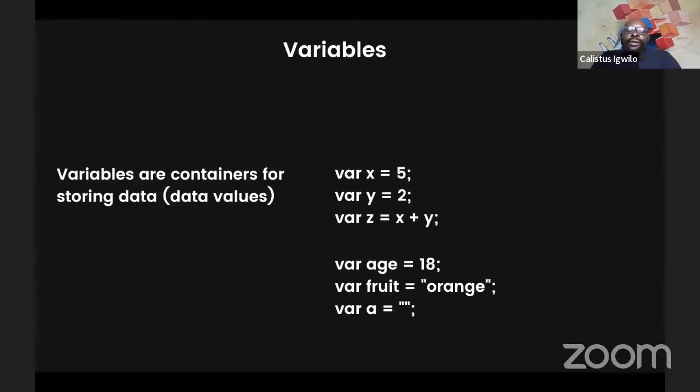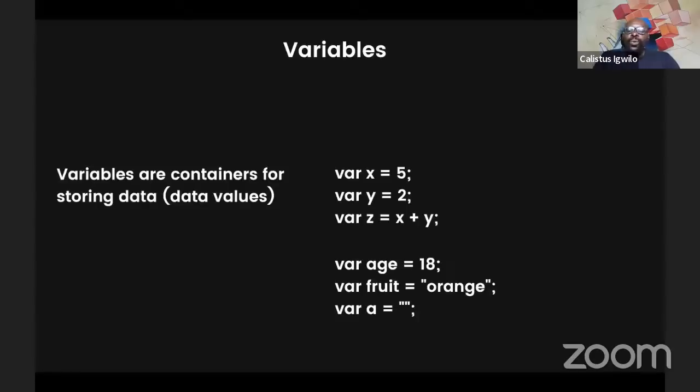You can store anything. You can also store an empty string, nothing at all, like var a equals an empty string. Those are quotation marks, not asterisks. So the beginning and ending quotation marks with nothing in between them. That's what I have there. So it's just an empty string.